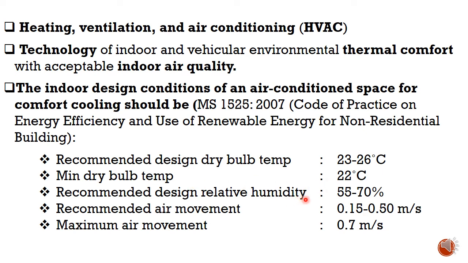The recommended design relative humidity is between 55 and 70%. The recommended air movement is between 0.15 to 0.5 meter per second, and the maximum air movement to maintain the thermal comfort zone is 0.5 meter per second.